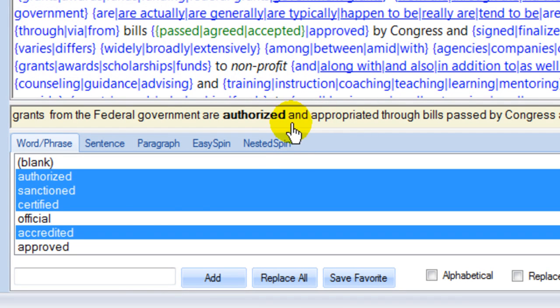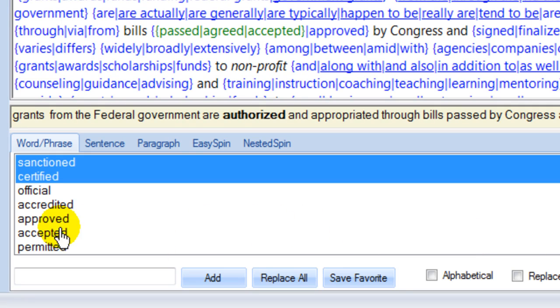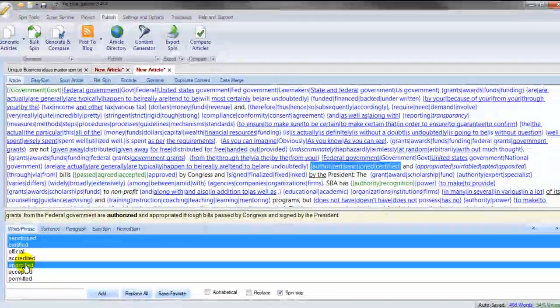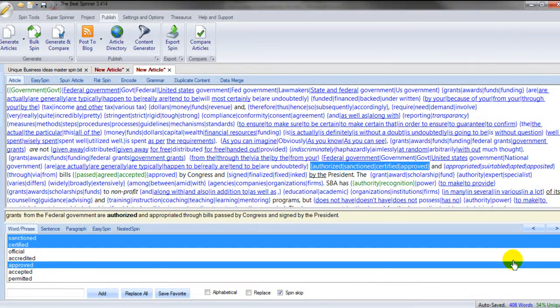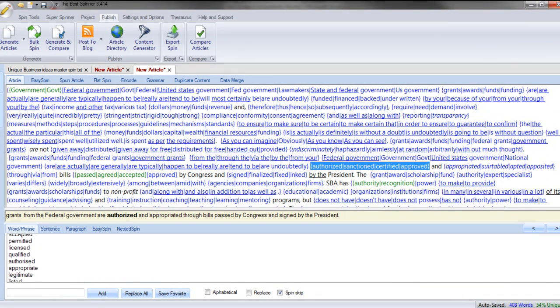"Accredited" is usually for educational purposes, whether a university or a college is accredited by somebody. So that doesn't work. Maybe approved. Government are approved. Authorized, we already have.